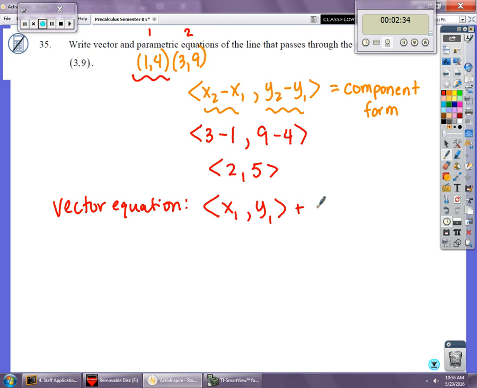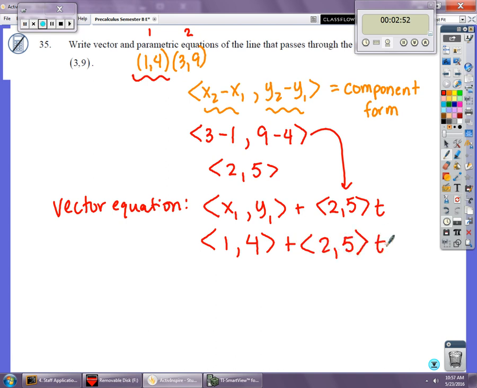The component form is the change over time, and we already figured it out. So the initial point we had was (1, 4), and the x's are changing by 2, the y's are increasing 5, and here is my vector equation.